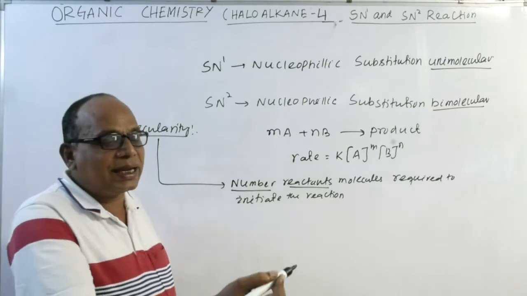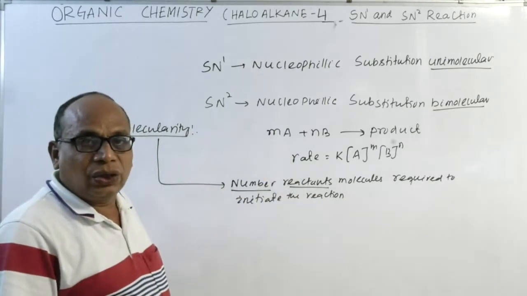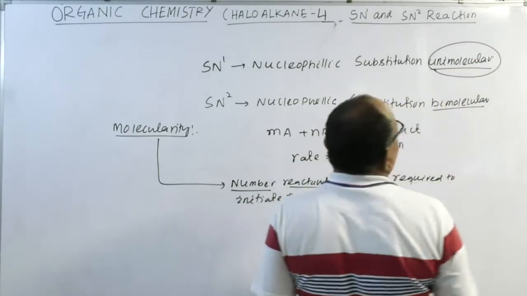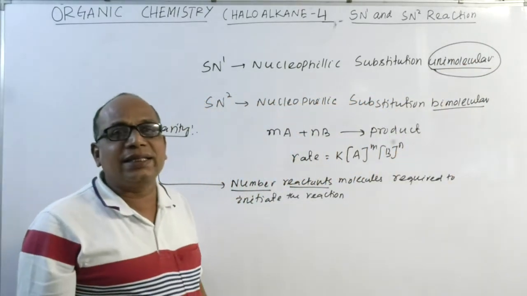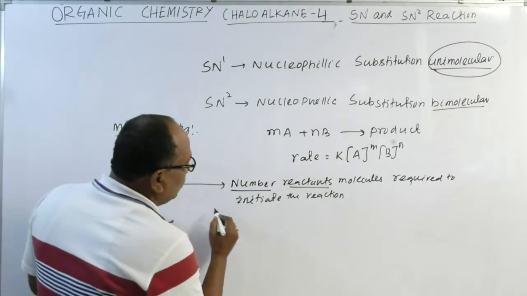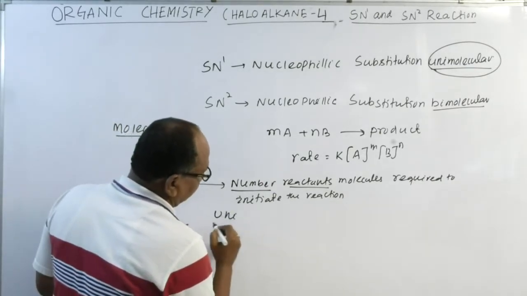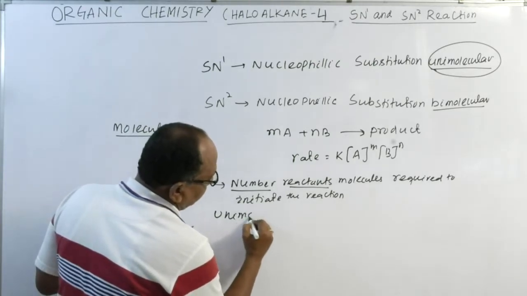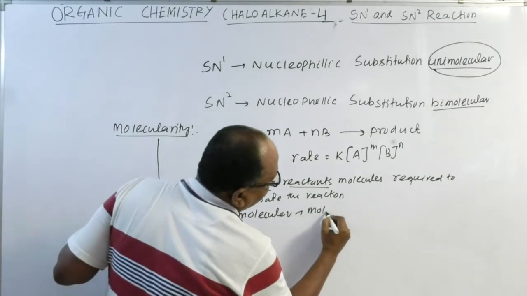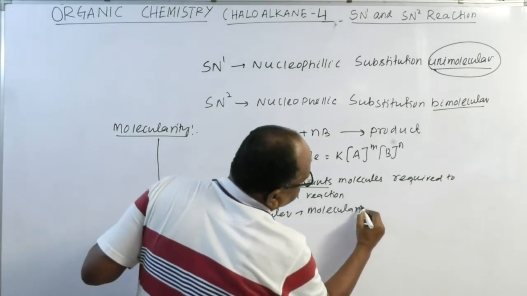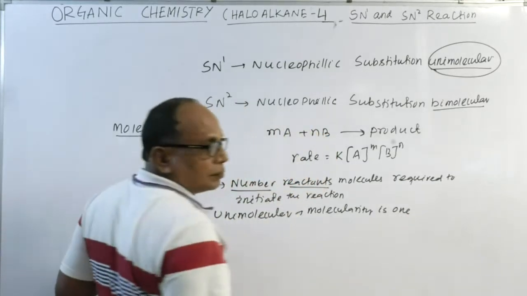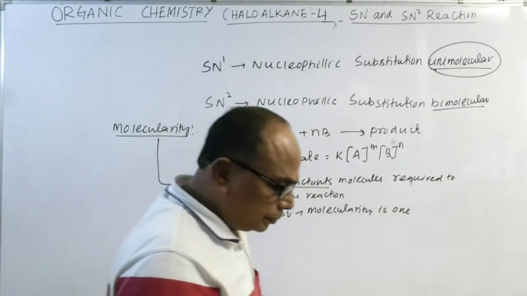Once the reaction is initiated, it will progress. So when I say this is a unimolecular reaction, it means the reaction is initiated by a single reacting species. That is, unimolecular means the molecularity is 1.